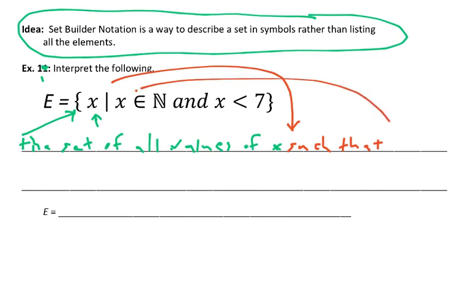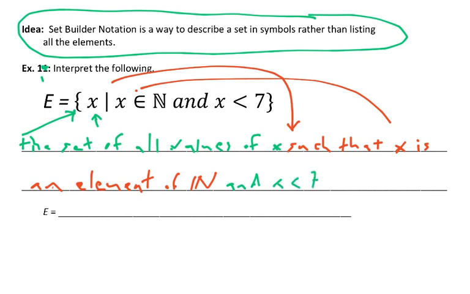x is an element of N, and N, that big N, you remember, is the natural numbers, so x is an element of the natural numbers, and then finally, x is less than 7.